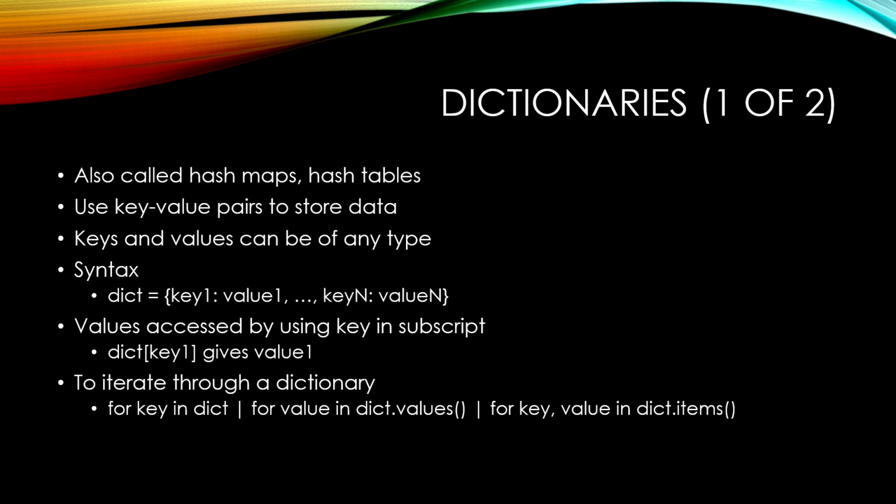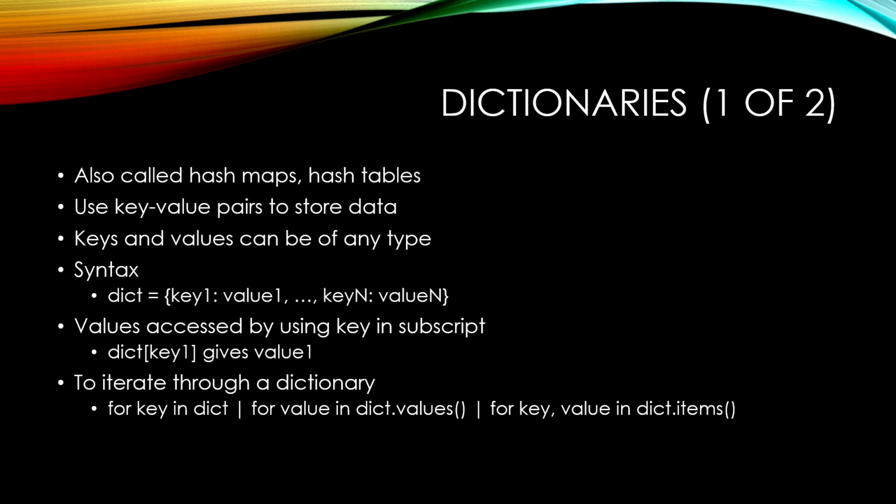Values, when we're talking about a dictionary, are accessed using a sort of subscript, but instead you want to reference the key. So if your keys are strings, then it would look something like dictionary, open bracket, open quotes, the string that you're referencing, closing quotes, closing bracket.